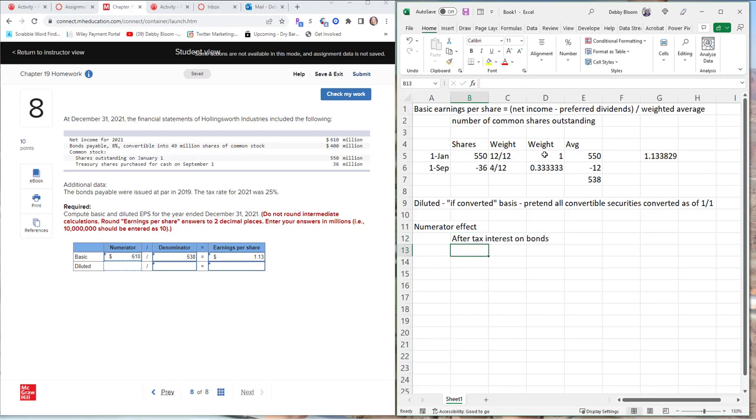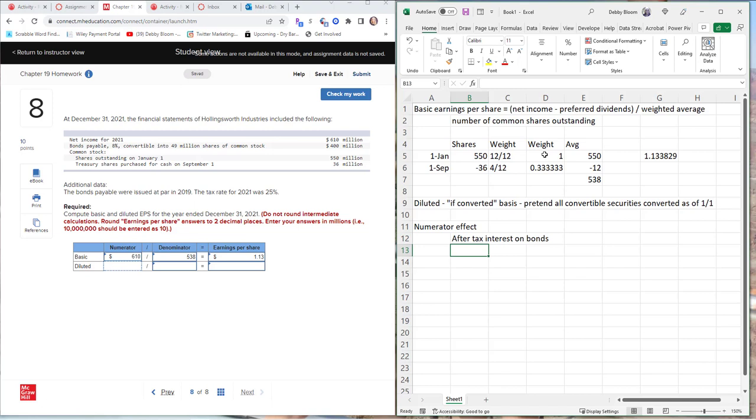And then what we're going to do is we're going to add it back to the net income, because if bonds are converted into common stock, then we don't pay bond interest on them. So on the if converted basis, we pretend that these bonds payable were converted as of January 1st.